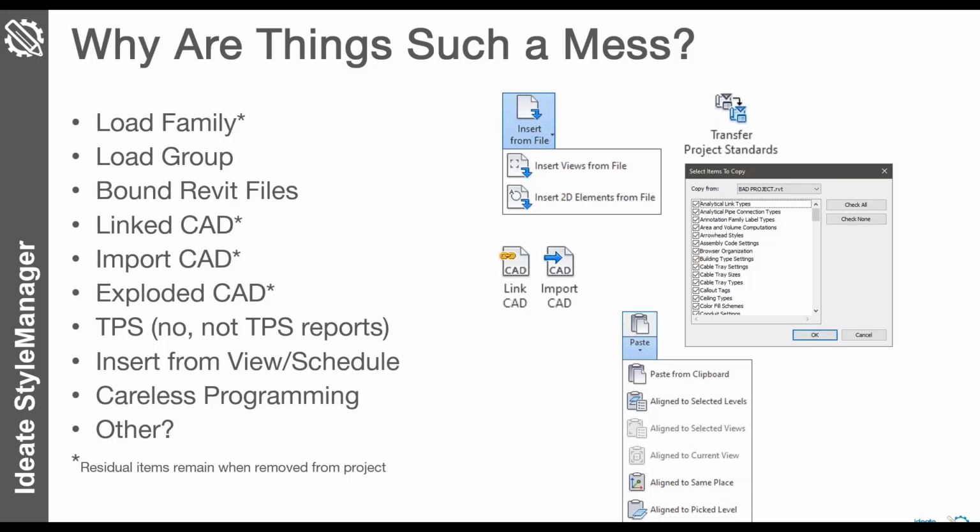Also transferring project standards, right? Those can also bring in a lot of extra and unwanted information from other projects. I'm also throwing in careless programming. This is actually a really big one. If you are writing your own code or you're using somebody else's code, you can end up doing more harm in your projects or in your templates than you ever thought you would.